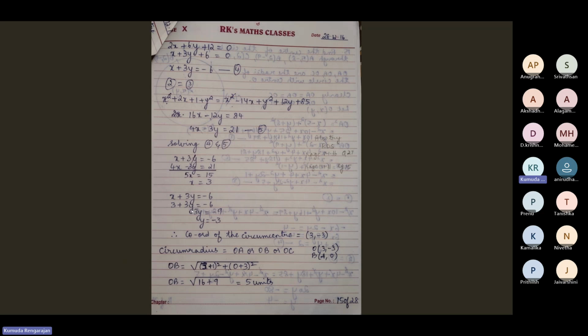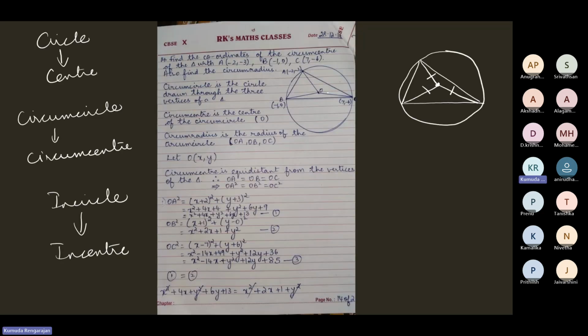And then after finding the coordinates of the circumcenter, how do we find the circumradius? Once you find the coordinates of the circumcenter, you know this address. How do you find the circumradius? Using the distance formula, find OA, or OB, or OC.